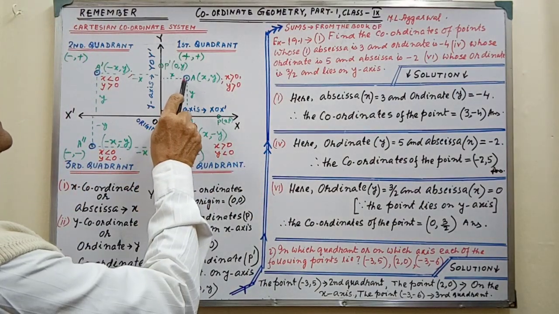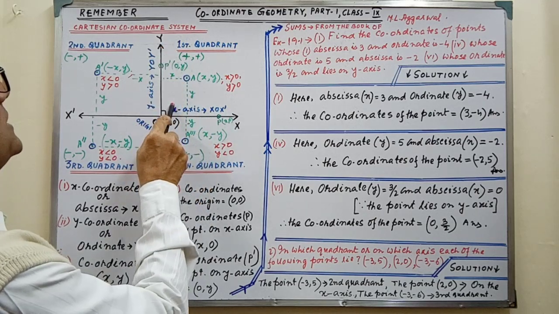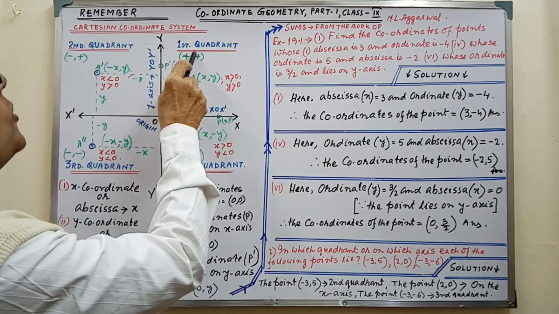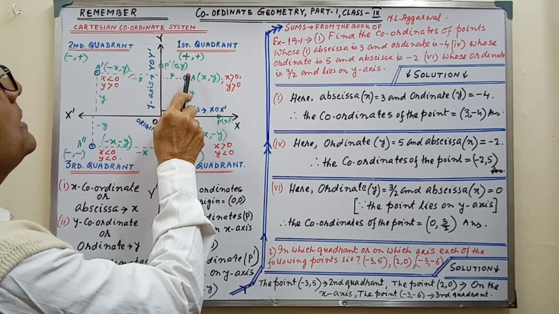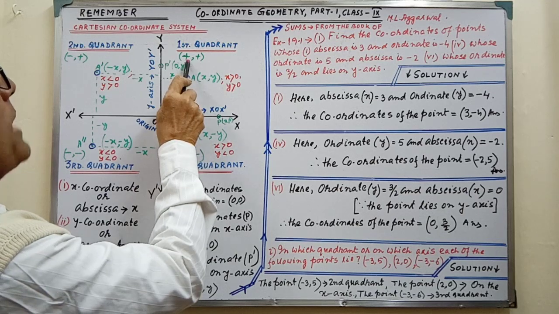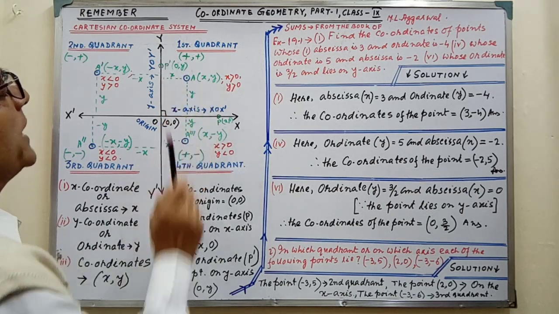Now this portion, that is 90 degrees, is known as the first quadrant, and the coordinates of this quadrant are plus, plus. Coordinates means value of x and y.